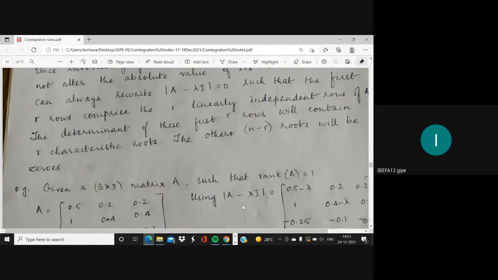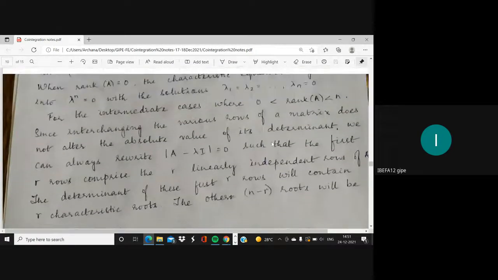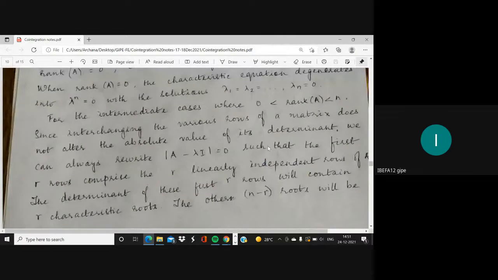When we're talking about co-integration also, we generally deal with a situation where the rank of the matrix lies somewhere between 0 and n. It could be rank of the matrix equals 1. That's the most general case that we come across, or it could be some positive value but less than n.